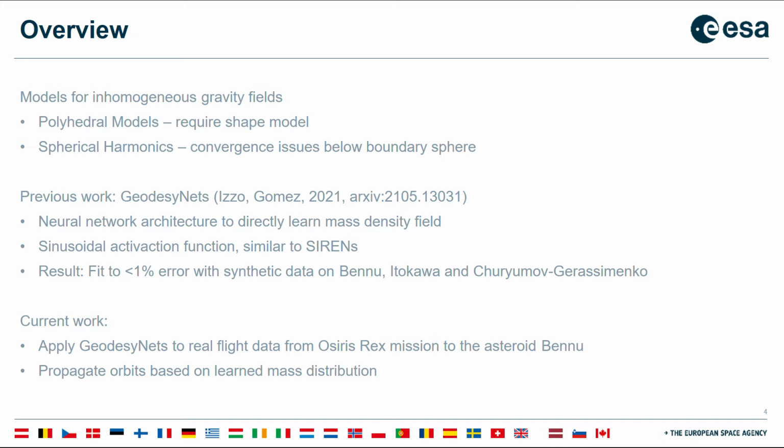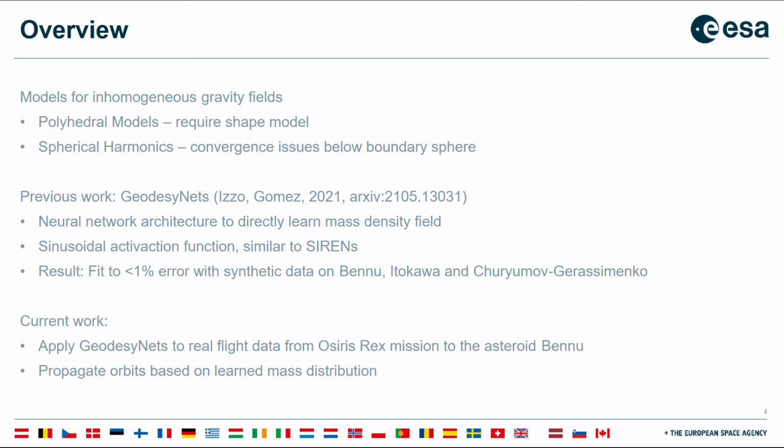Alternatives are spherical harmonics, where the difference to a uniform sphere is modeled. And it works very well, and the problem is that there are convergence issues below the boundary sphere of the object. And especially with very irregular objects, this can cover a significant area of possible orbits, which are physically possible but not calculable with spherical harmonics.